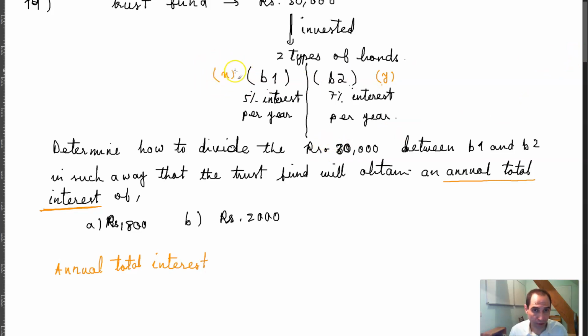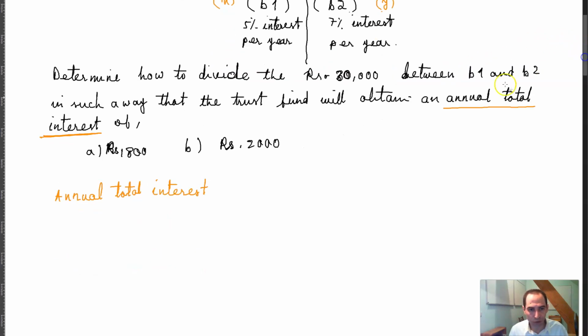So whatever the amount of your investment in the bond B1, that will be multiplied by 5%, and 5% of that will be paid back to you as interest. Which means that the annual total interest would be 5% of your contribution to the bond B1, and also 7% of your contribution to the bond B2. Actually, that would be Y, right?